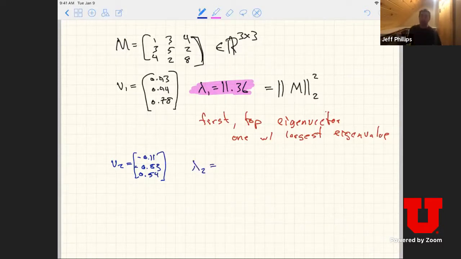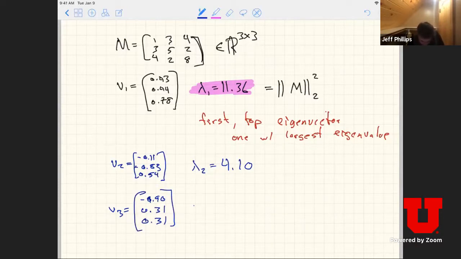So this is smaller than the first one, right? And then V3 is going to be minus 0.90, 0.31, 0.31. The third eigenvalue is going to be negative 0.46.